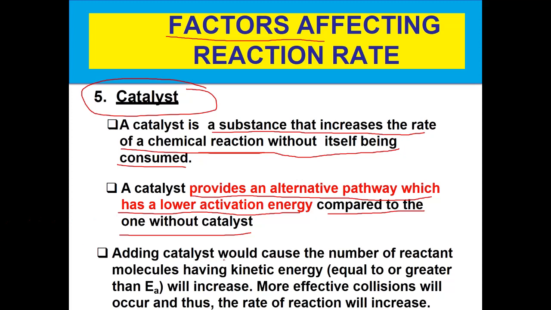So by adding a catalyst, the number of reactant molecules having kinetic energy equal or greater than the EA increases. So when we use a catalyst, the KE, kinetic energy, must also be greater or similar to EA. Then the reaction will occur effectively. The number of effective collisions will increase, and the rate of reaction will increase.